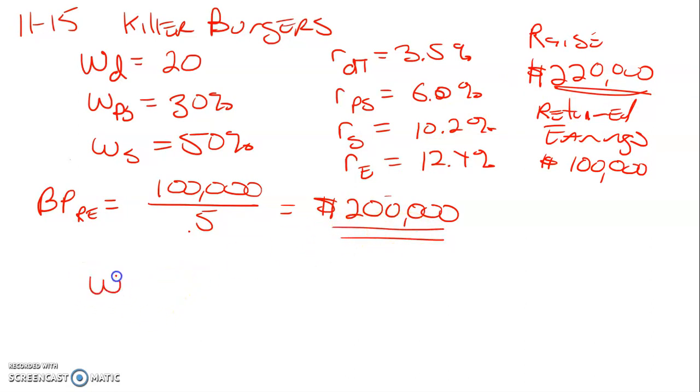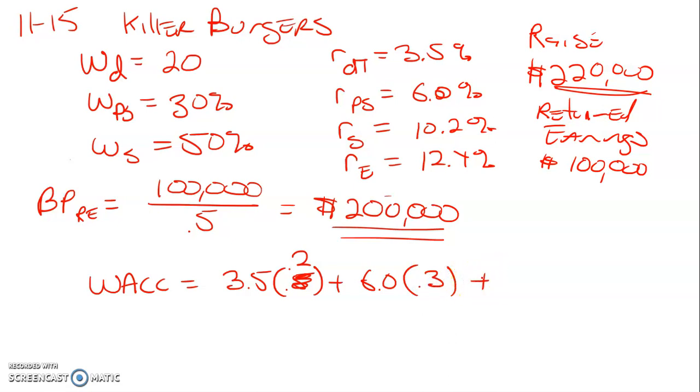So the weighted average cost of capital is the after-tax cost of debt, 3.5%, multiplied by the weight, sorry, that's 0.2, plus the cost of preferred stock, the 6%, multiplied by the weight, 30%, plus, in this case, since we're going to have to be issuing new common equity, the cost is going to be the 12.4%.